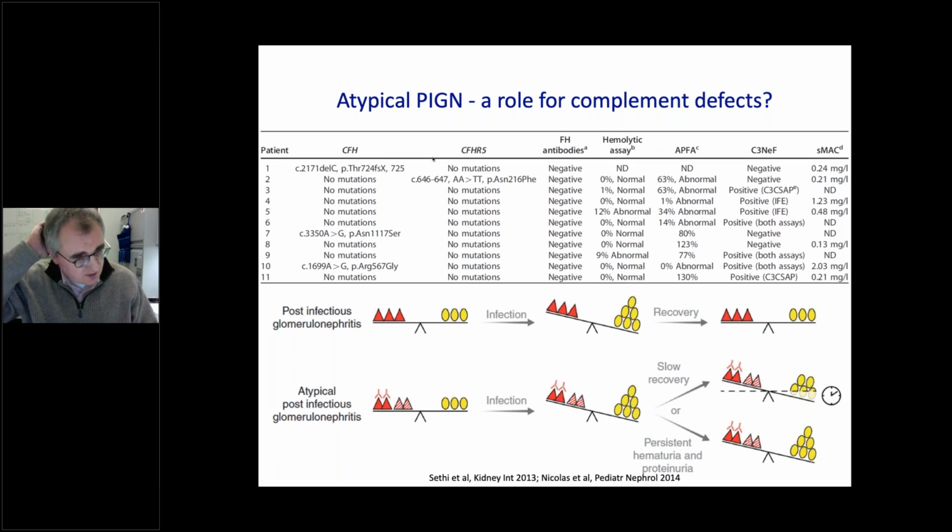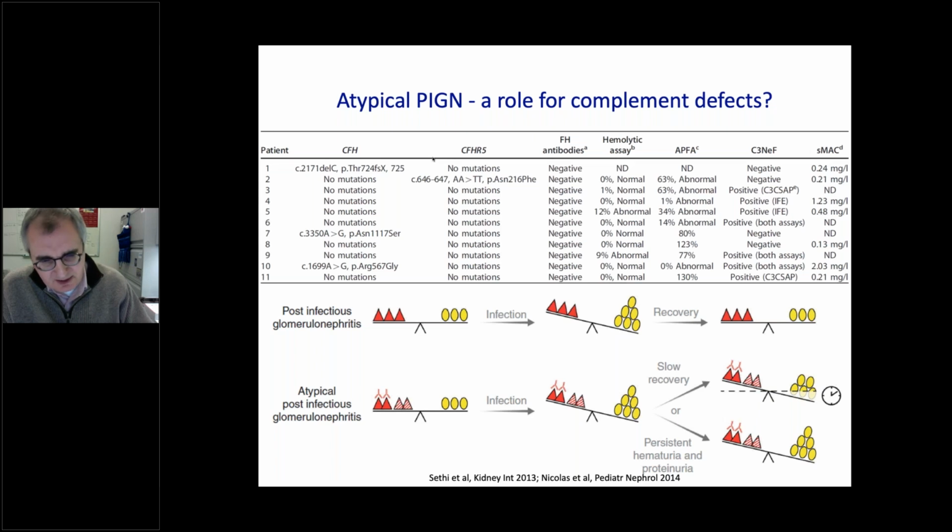That was picked up by some colleagues, and Sanchezzetti was pioneering, with this 2013 KI paper where he basically not only ended up with this concept at the bottom, but also sequenced his patients and identified a number of those in the subgroup of the post-infectious GNs as diagnosed with underlying complement defects.